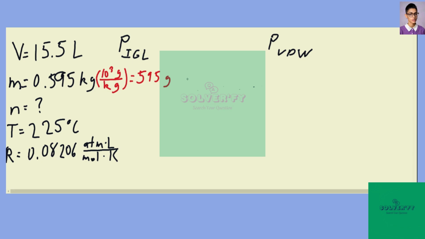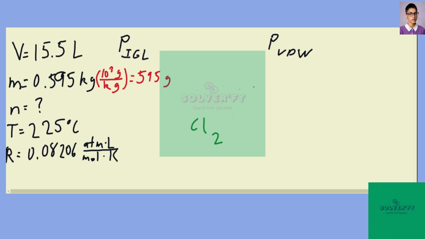So from there, we need to find the molar weight. What we know is that for chlorine, the molar weight is 35.45 grams per mole, but we need the amount for Cl2 because it is in a gaseous form and it's got two atoms.